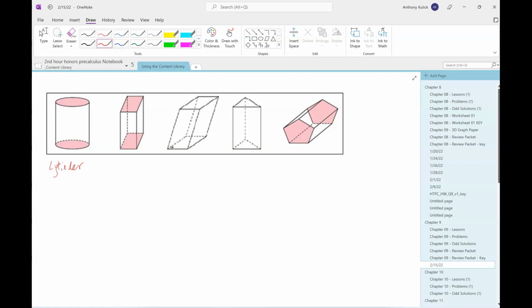Also wouldn't be incorrect. The third one? Yeah, so it's also a rectangular prism, right? The difference is that notice that this one is slanted. So we're going to put in that extra descriptor.